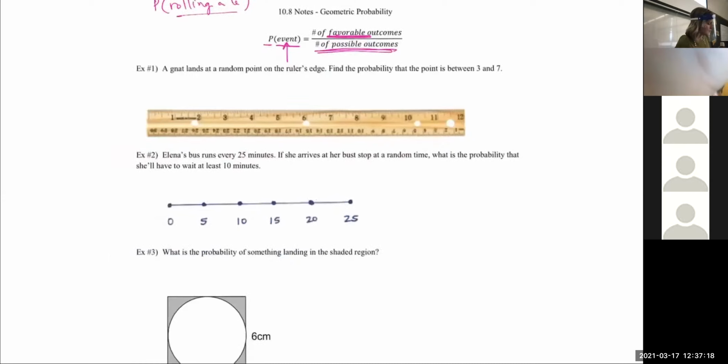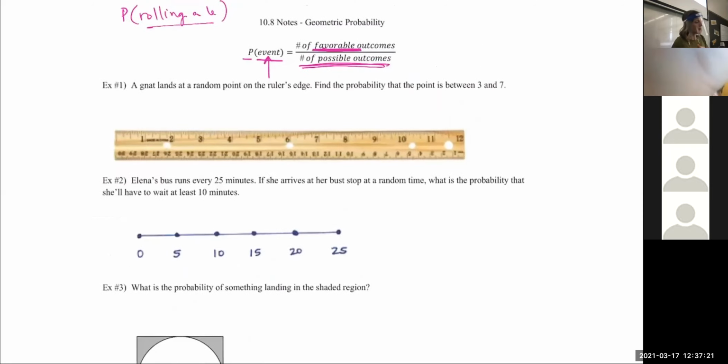Okay. So first example, it says a gnat lands at a random point on the ruler's edge. So it is going to land on the ruler. Okay. That's key. If you don't state that, probability changes drastically, right? So if it's going to land for sure on the ruler, find the probability that it lands between the 3 and 7.